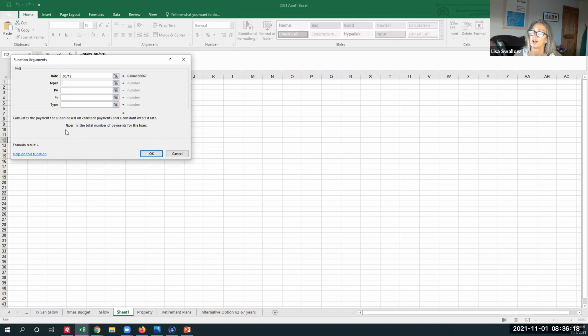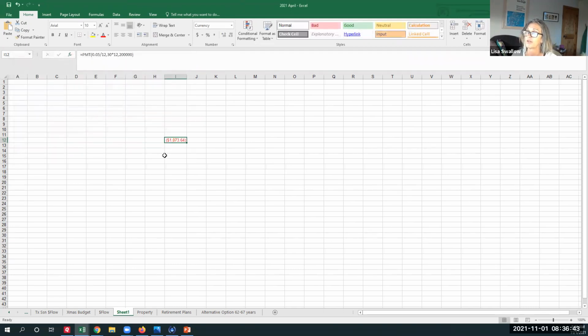The total number of payments for this loan, I'm going to be paying for 30 years, 12 times a year. So you could put 360 in here, or I just have Excel do the math for me. And what's the amount of the loan? It was $200,000. So there's my payment.